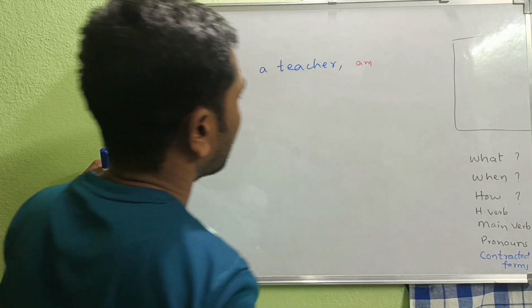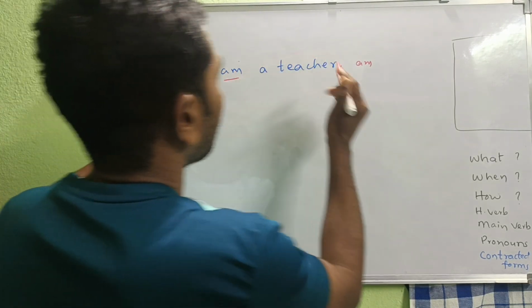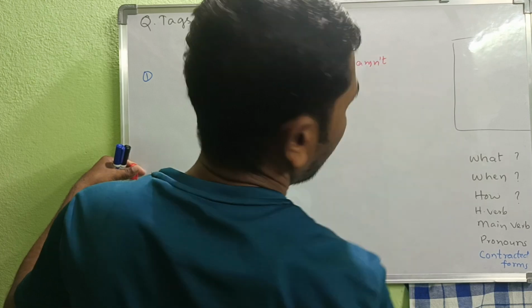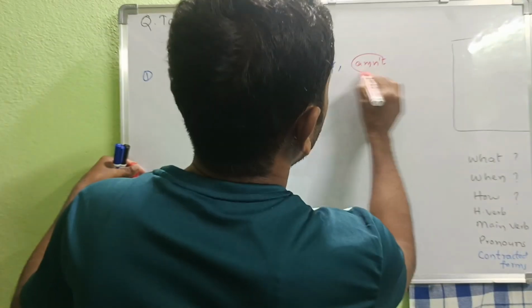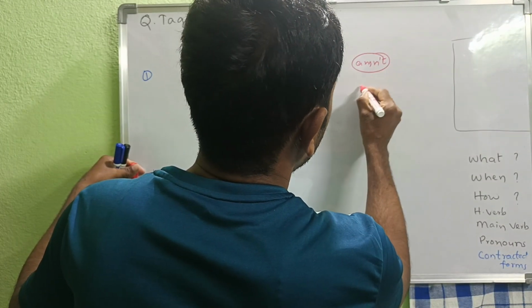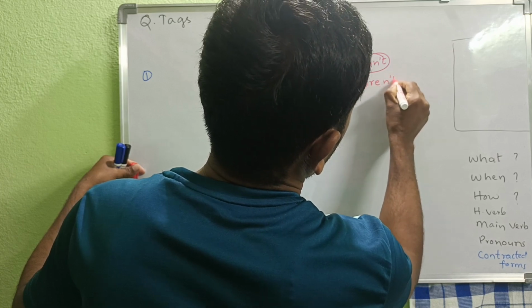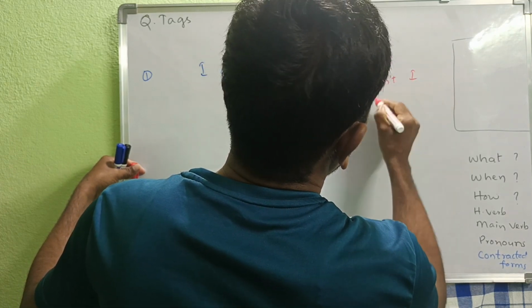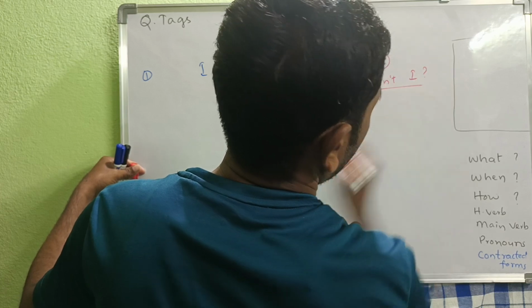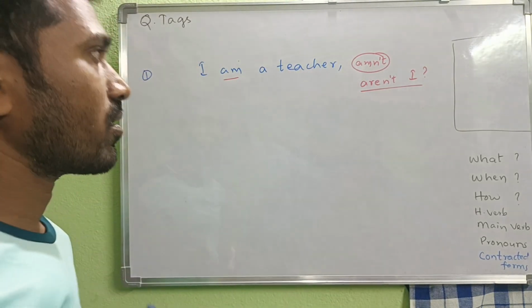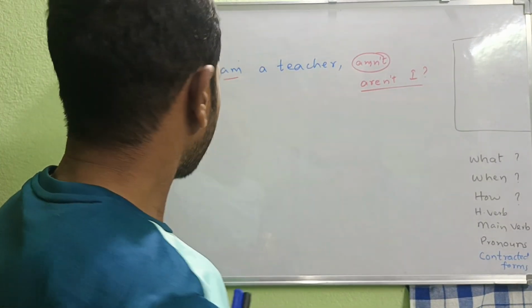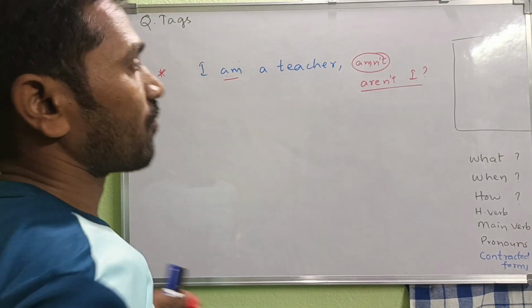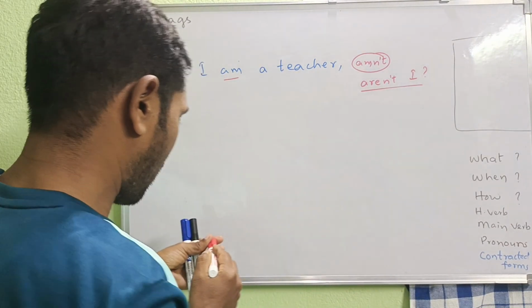Am is taken. Next, if the statement is positive, then am with n apostrophe t. Since there is no such word and no pronunciation for this, you have to take aren't I, and the pronoun I is always a capital letter, wherever it falls. This is a very dangerous exception, and most people get confused here, so you need to keep it in focus.